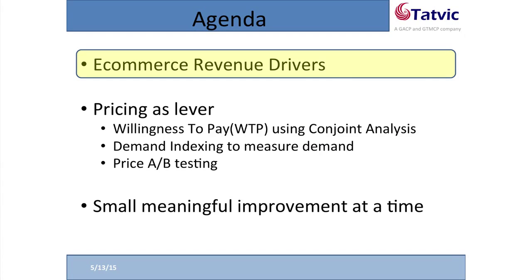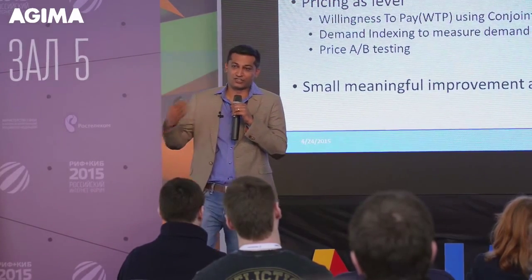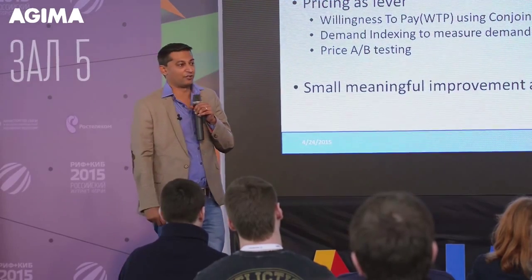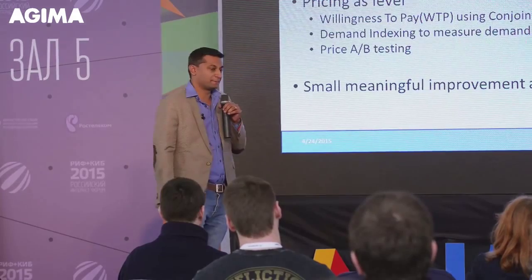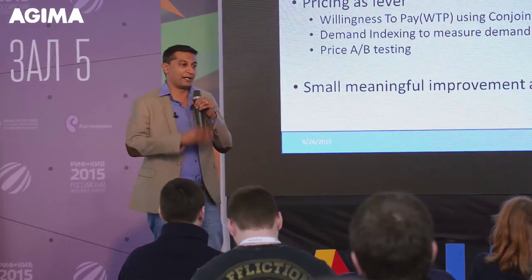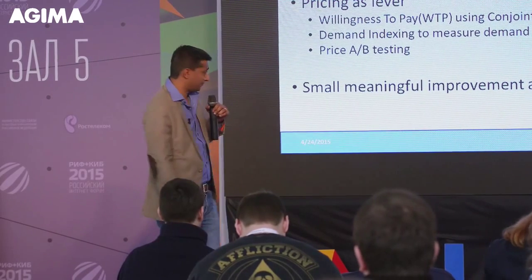I will explain how you do conjoint analysis to understand how much a consumer is willing to pay for your different products. I would also explain how you can do demand indexing for different products of your e-shop or your online store.